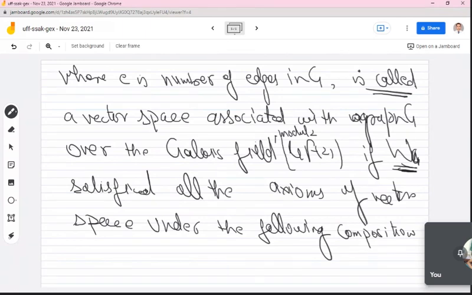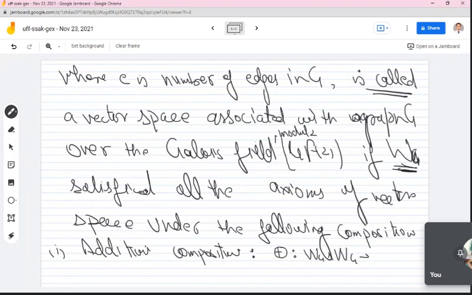The first one is called the addition operation, addition composition, and it says that this is the addition composition, and we can write it from WG cross WG to WG.